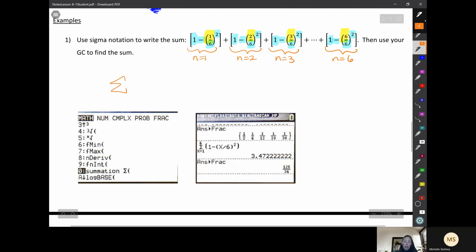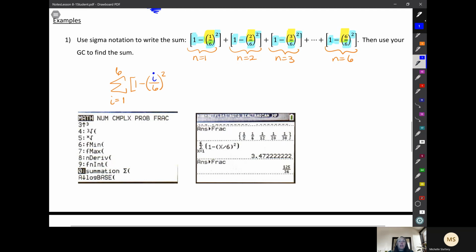We're going to start off with i equals 1, and we're going to end at 6. We have the quantity of 1 minus a fraction with a 6 in the denominator to the second power. The numerator of that is what changes, so I'm going to put that as my i, because it goes from a 1, and then a 2, and a 3, and a 4, and a 5, all the way up to 6. Okay, so there we have our sigma notation.